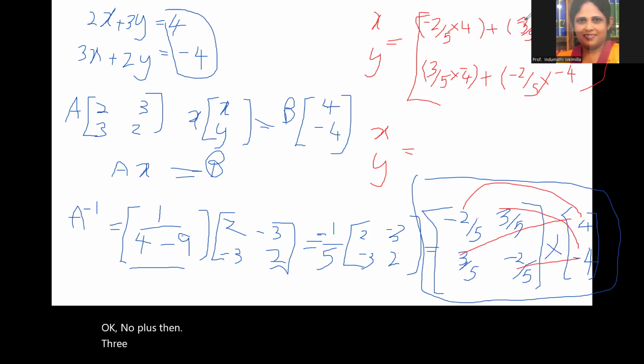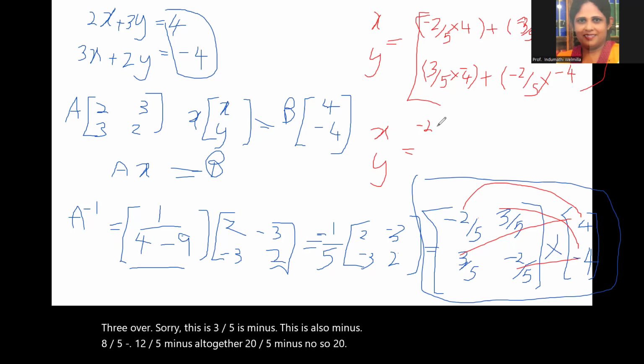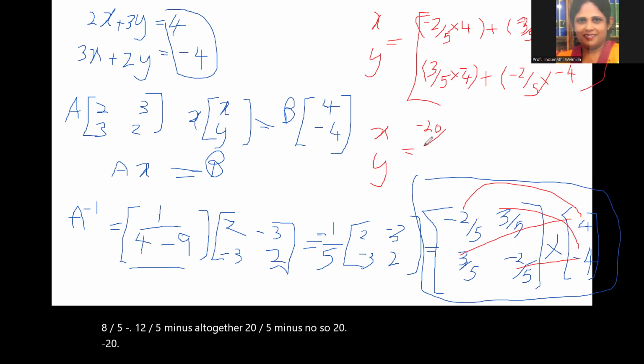This is 3 over 5, minus. This is also minus. 8 over 5 minus, 12 over 5 minus, all together 20 over 5 minus, no? So minus 20 over 5 is the first one. Second one, minus 12 over 5. And here, minus minus plus 20 over 5.